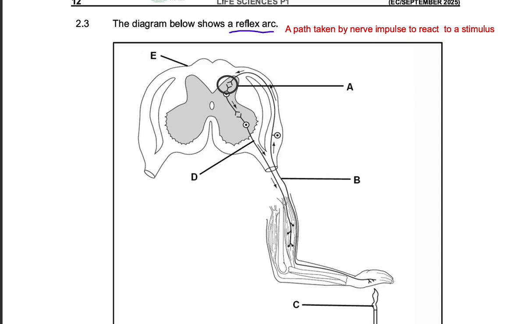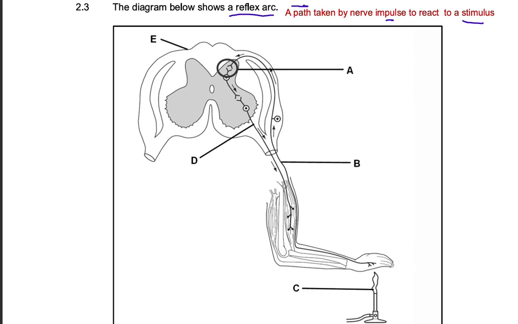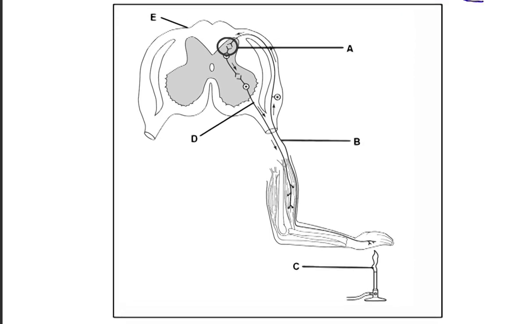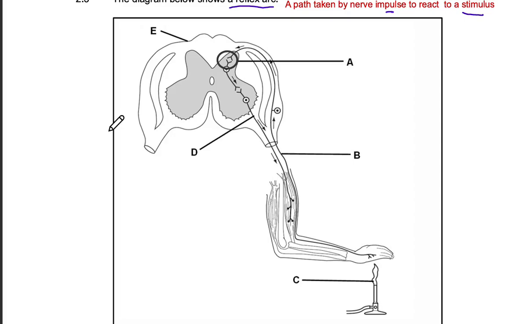So we can define it as a path that is taken by a nerve impulse to react to a stimulus, or to bring about a reaction to a stimulus. So the parts that you see here from this diagram are actually the parts that make up a reflex arc.